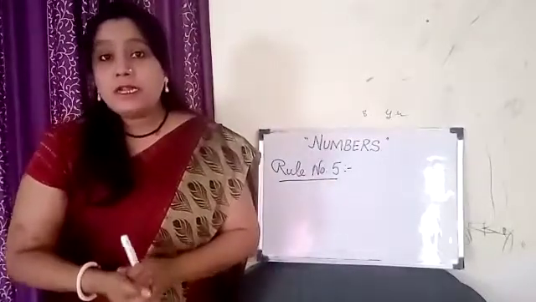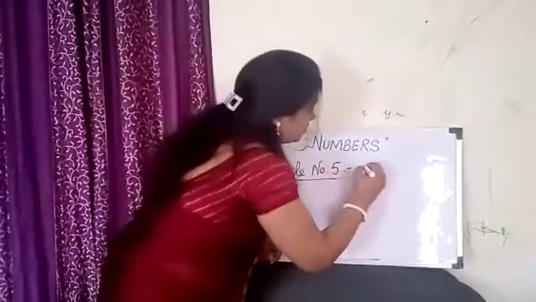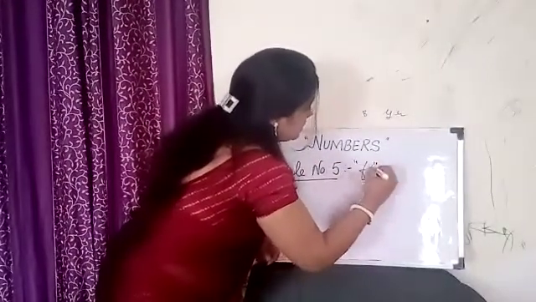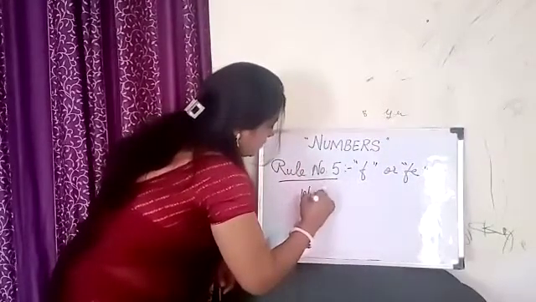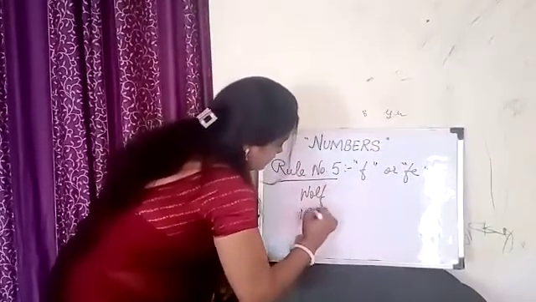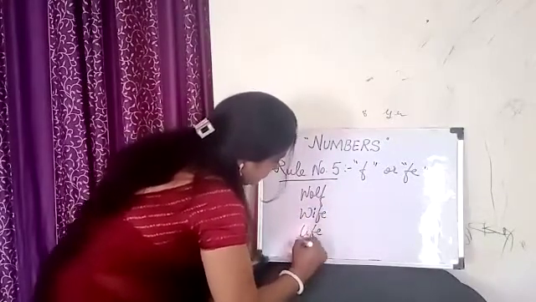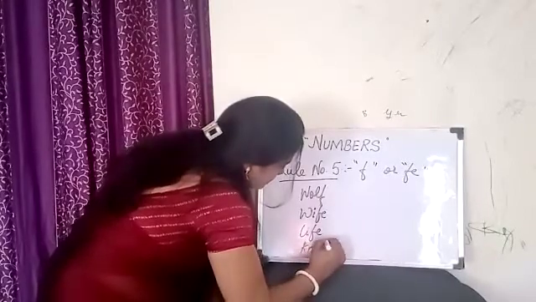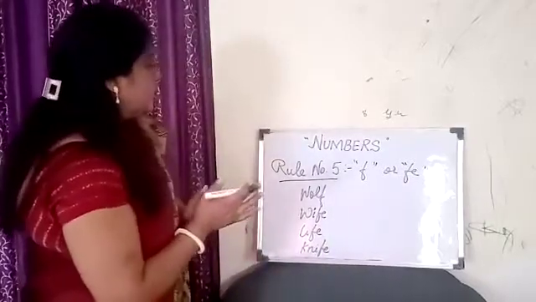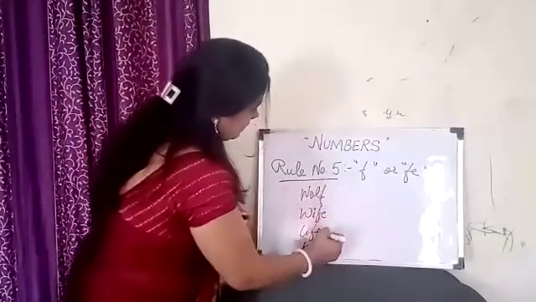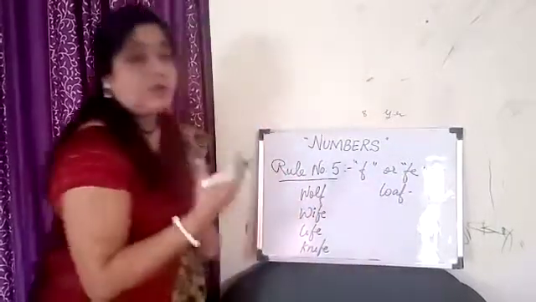The nouns that end with f or fe, like wolf, wife, life, then knife. So here we have f, fe, fe, fe. You can also have loaf, a loaf of bread.